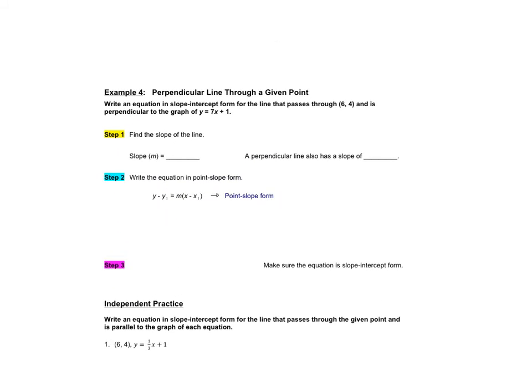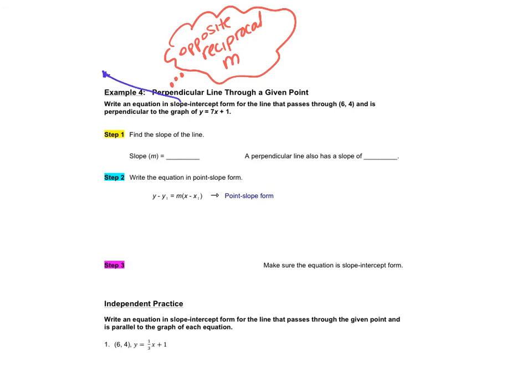Similarly, when you're asked to find perpendicular lines through a given point, when you see the word perpendicular, you should immediately think opposite reciprocal slope. So I'm asked to write the equation in y equals mx plus b for a line that passes through (6, 4), that's my x1 and y1, and is perpendicular to the graph of y equals 7x plus 1.